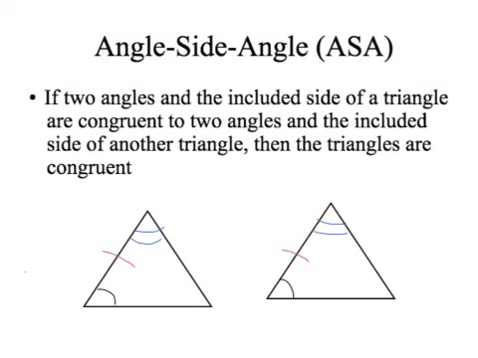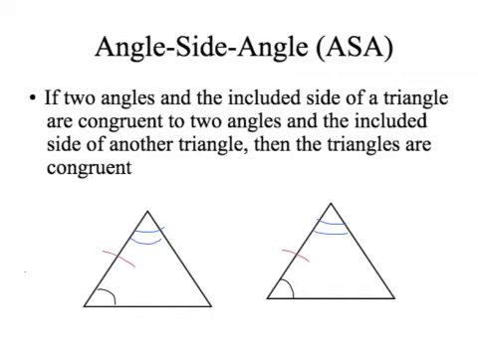Second way to tell if 2 triangles are congruent is called angle-side-angle. That means you have 2 angles congruent to another triangle and the side in between them. Now, how I've done this in the past is I've told my students to mark down what you have more of, congruent.